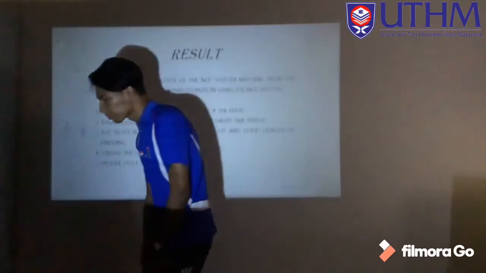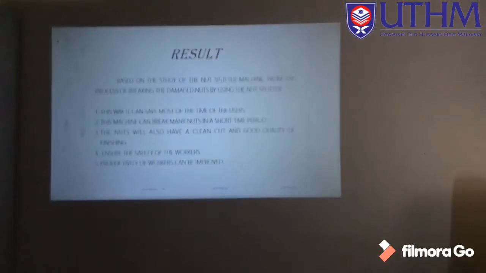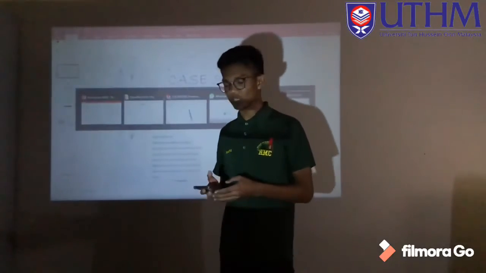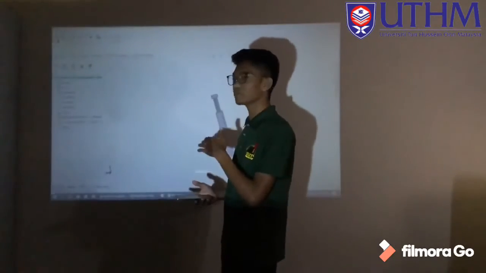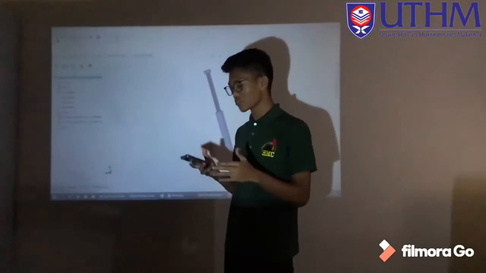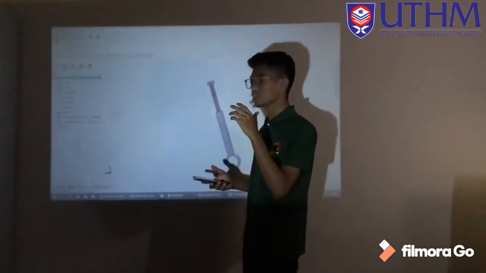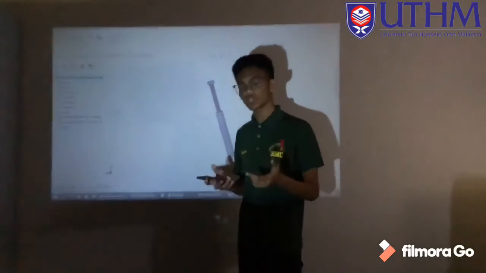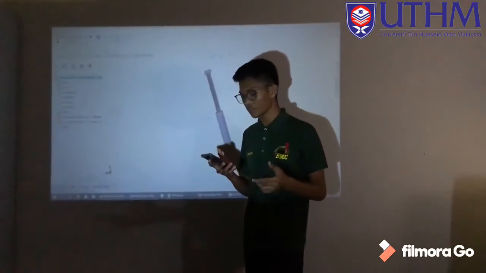Hello, my name is Shafiq and I'm going to explain the part in the SolidWorks software. The features that we use in the software are extrude boss, extrude cut, wizard hole, and mate features.